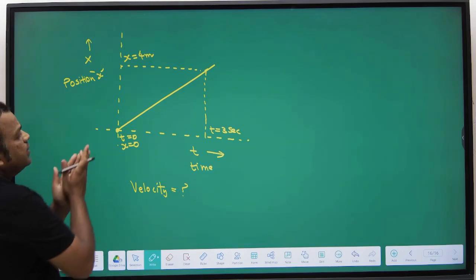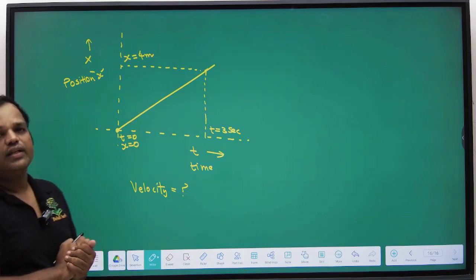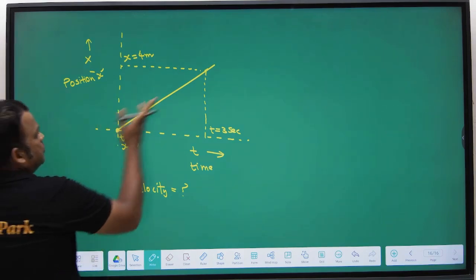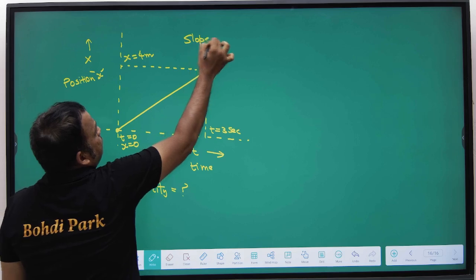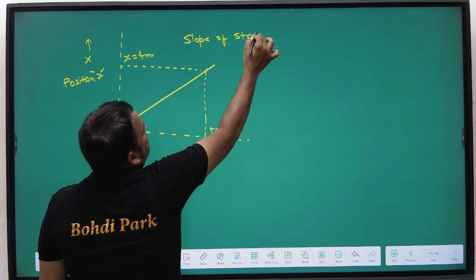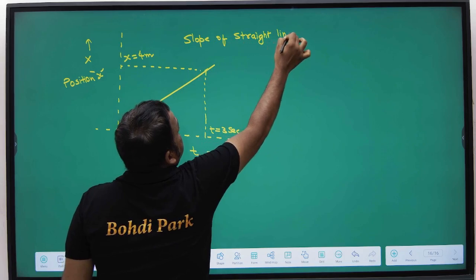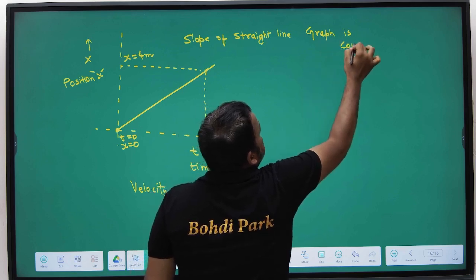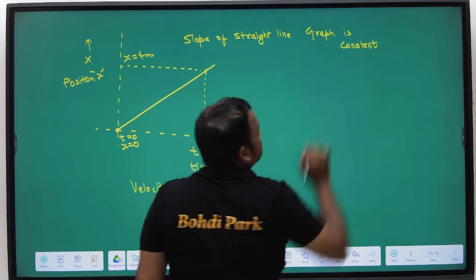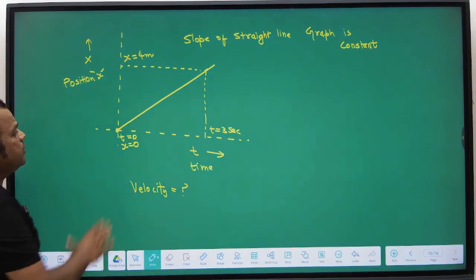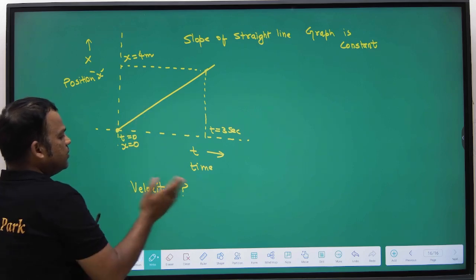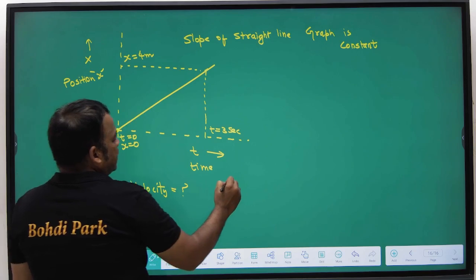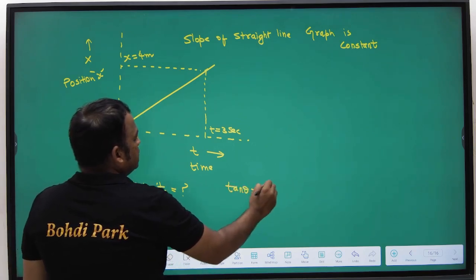So it is a straight line graph. So in a straight line graph, we have to remember the slope is constant. So it is a xt graph, position time graph. It is a straight line. So velocity is constant. First of all, how to calculate velocity? Tan theta. Tan theta is the slope.